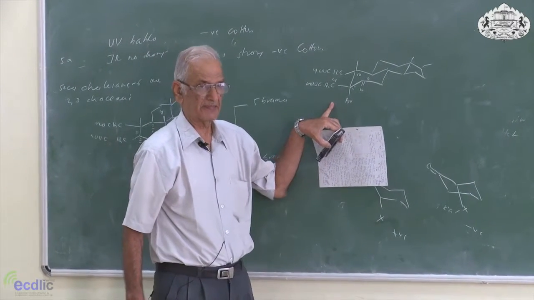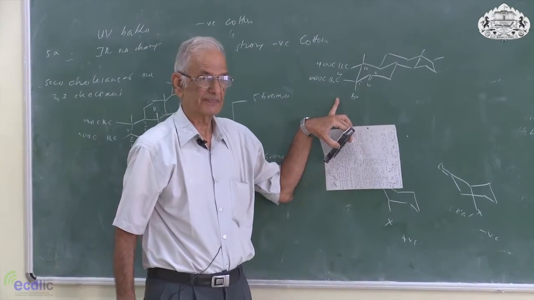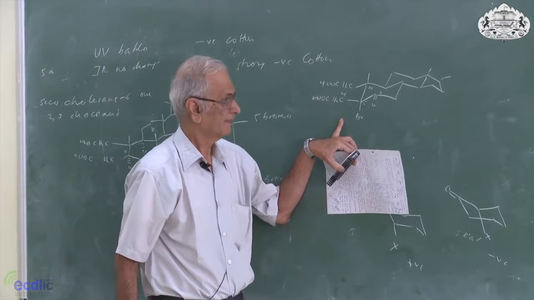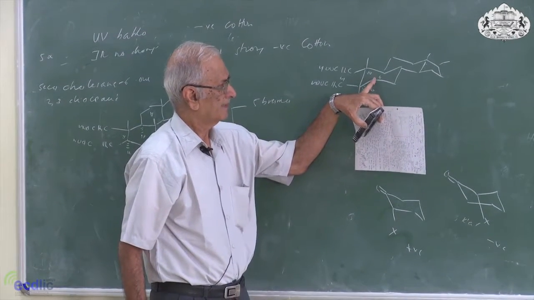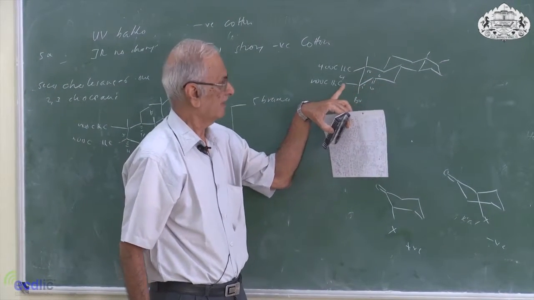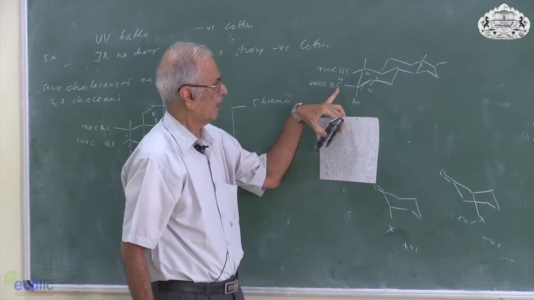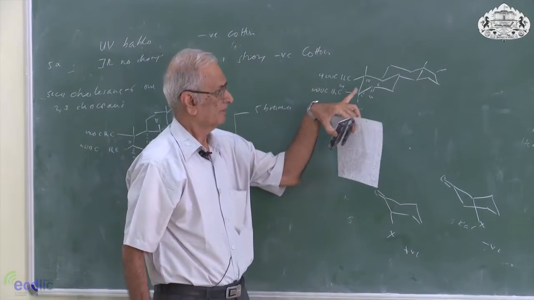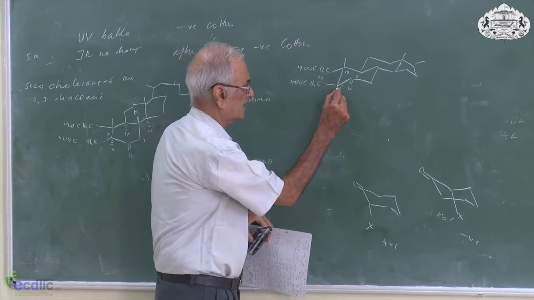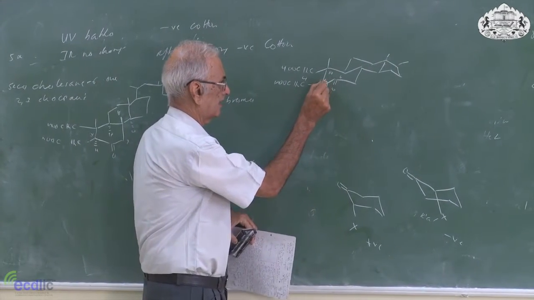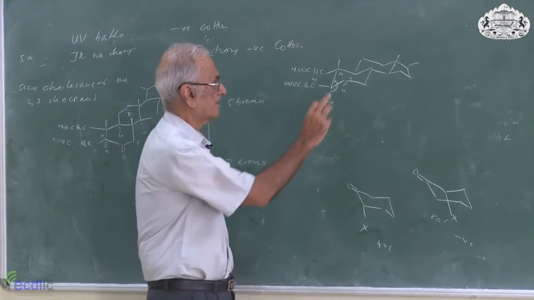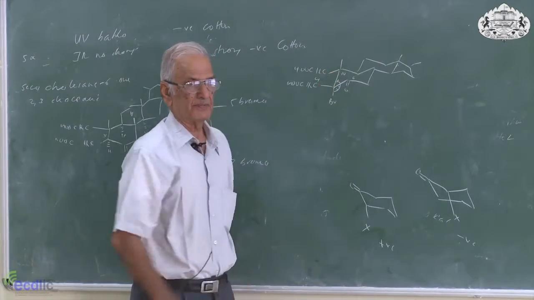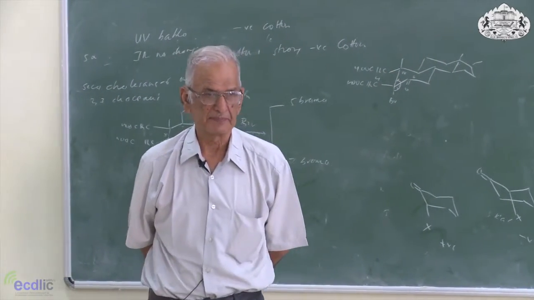Bromine is first, then carbon joined to oxygen, whereas the other carbon is joined to carbon. So, first, second, third. Why is this third? It's joined to 3 different carbons.